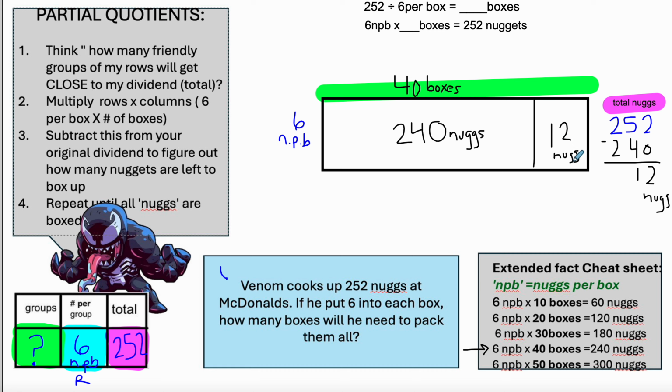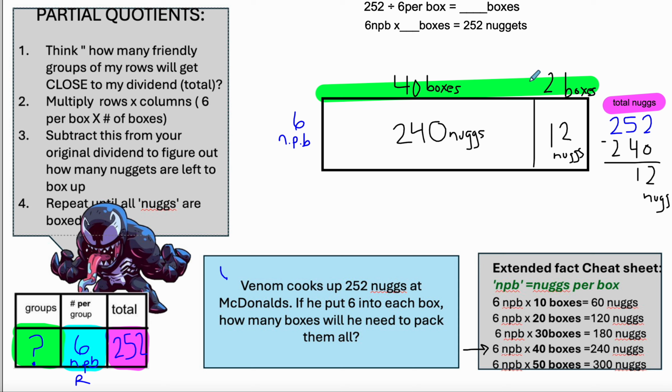Cool beans. And then I'm just going to think 6 nuggets per box times how many boxes will get me those 12 nuggets? Or 12 nuggets divided into boxes of 6 is how many boxes? Yeah, 6 nuggets per box times 2 boxes will get those 12 nugs.